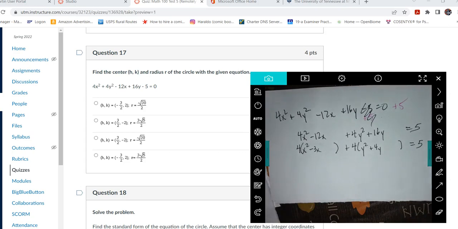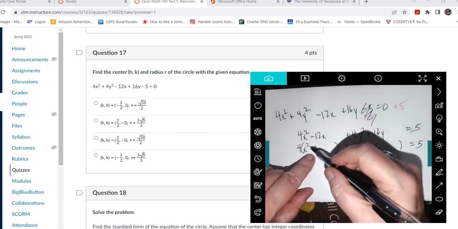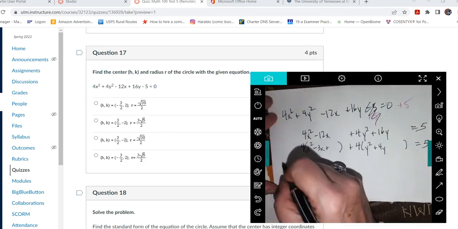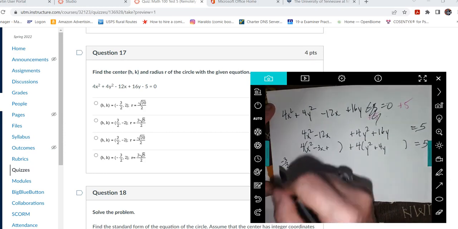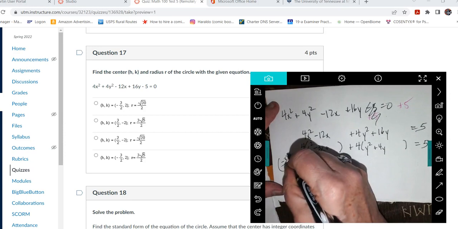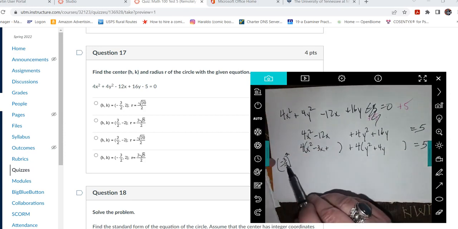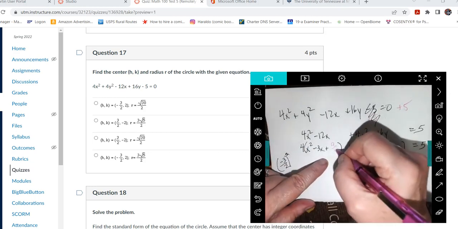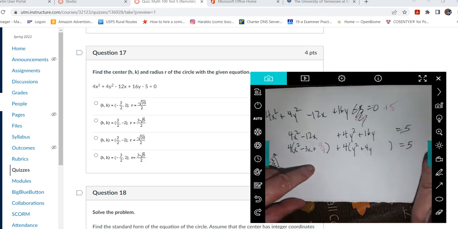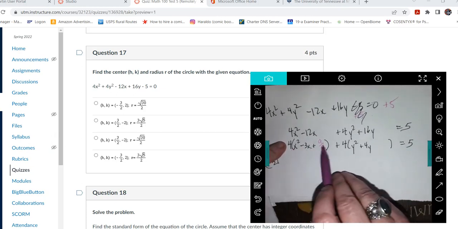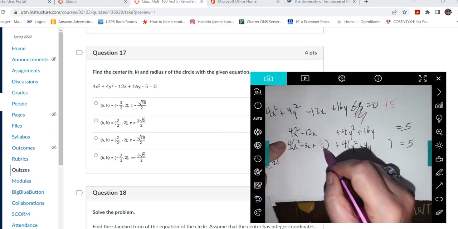Okay. Now, what I do to complete the square is I take this one, negative 3, divide it by 2, and then square it. Okay. So when I square that, I'm going to get 9/4. I have to do the same thing to the other side because I've changed this, but I don't add 9/4. I'm actually going to have to add 4 times 9/4.